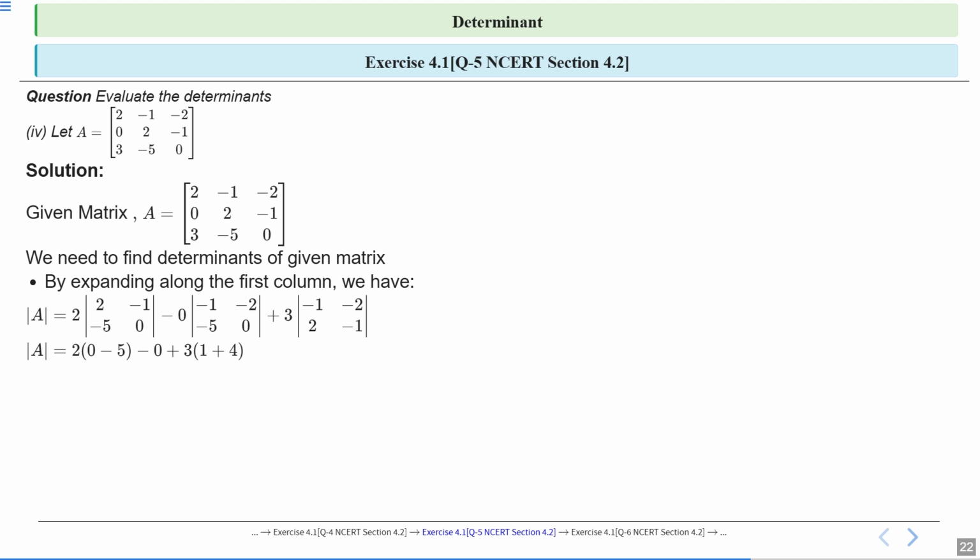So we get 0 minus 5, minus 0, plus 3 into the product of the diagonal, minus 1 into minus 1 is 1, minus 2 into 2 is minus 4. So minus minus is plus, it becomes 1 plus 4. So determinant of A is minus 10 plus 15. Hence, determinant of A is 5.